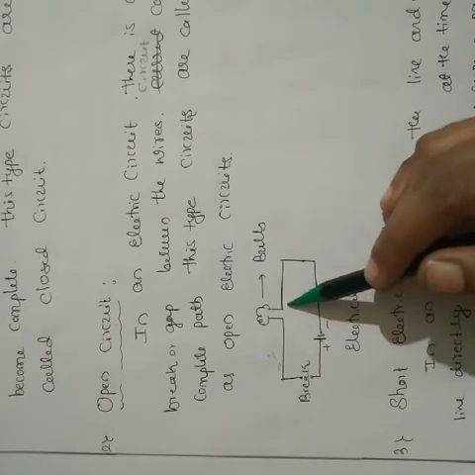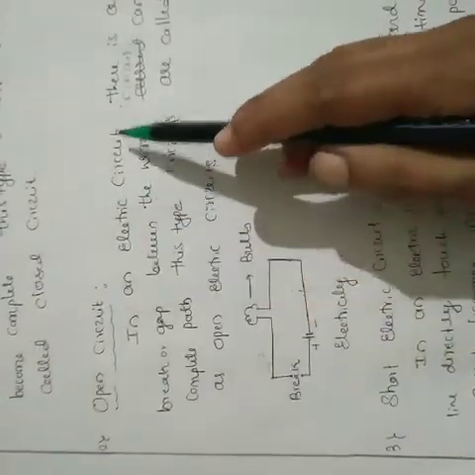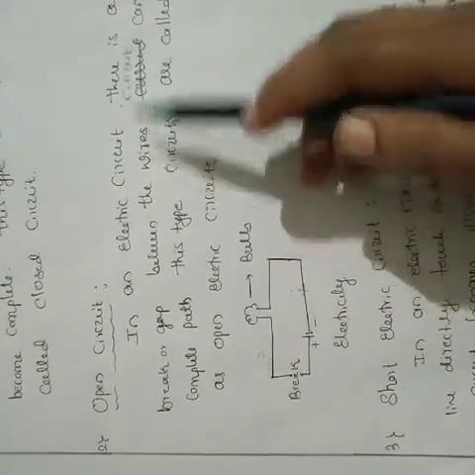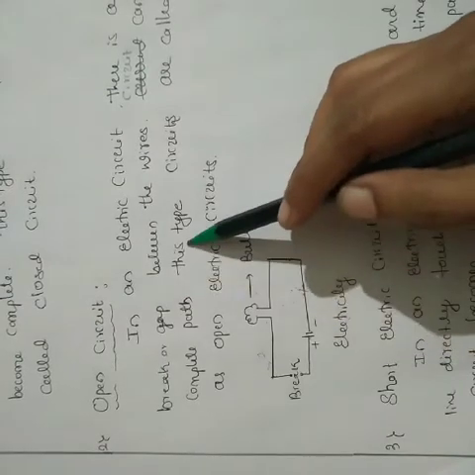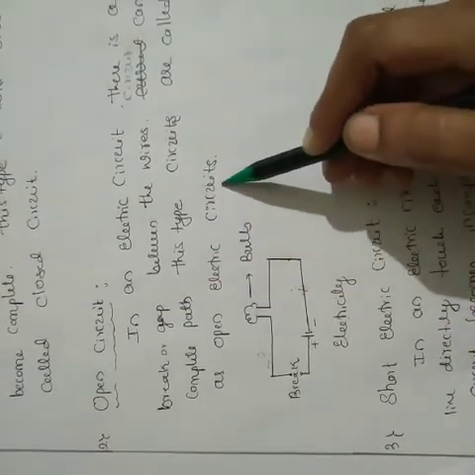Hence it is called an open electric circuit. In an electric circuit, if there is a break or gap in the wires, the circuit cannot complete the path. This type of circuit is called an open electric circuit.